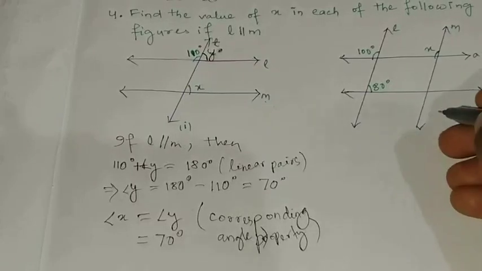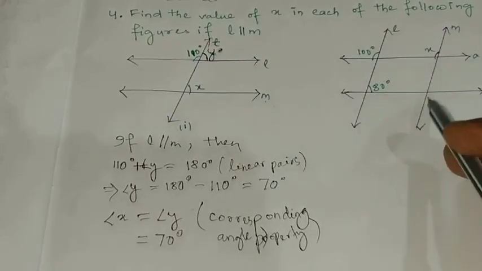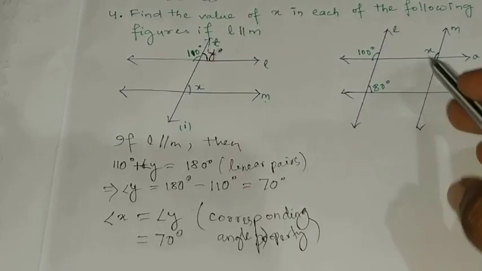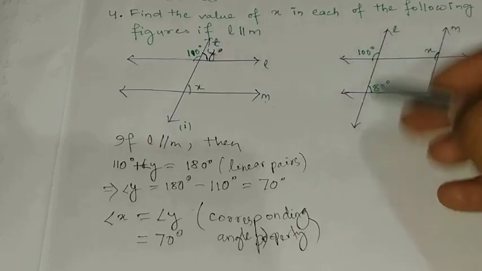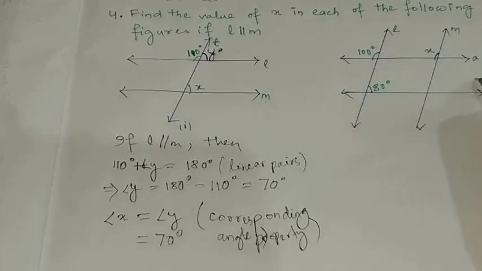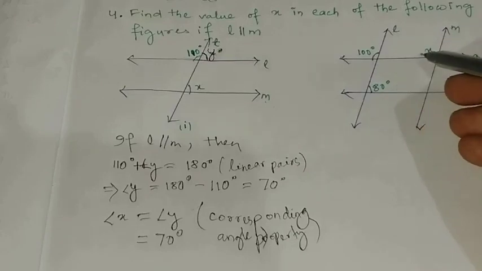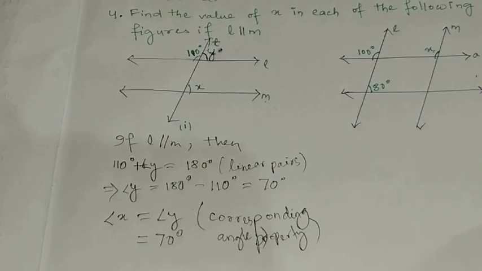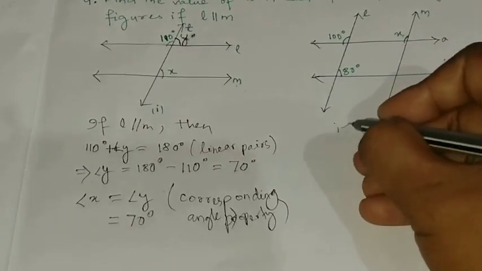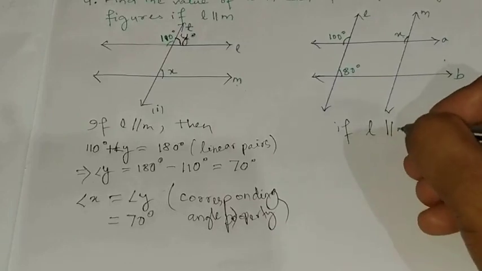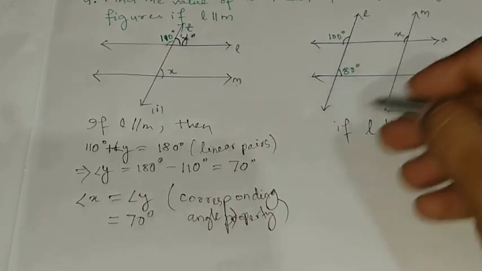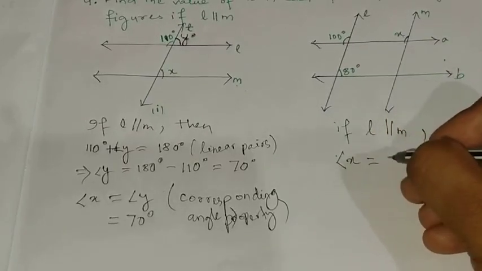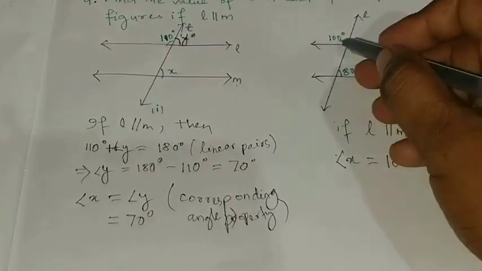Next we will move to figure number 2. So in this second figure, look, L is parallel to M and 100 degree, 100 degree and 80 degree is given, this is X. So look at here, L is parallel to M and A is the transversal line. So here look, angle 100 degree equal to X. Okay, so we can write it here as, if L is parallel to M, then angle X equal to 100 degree.